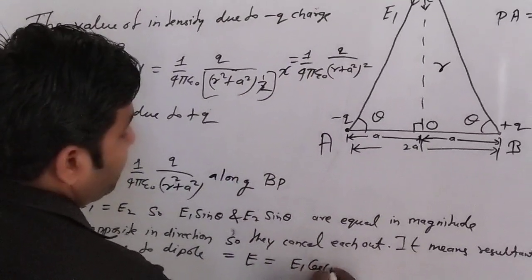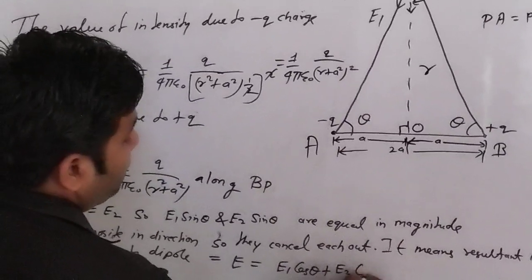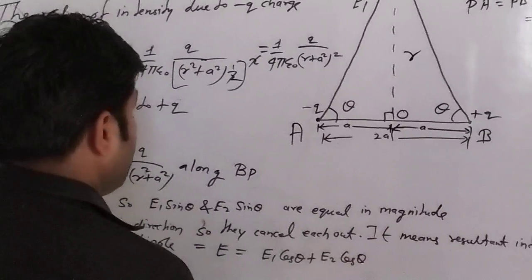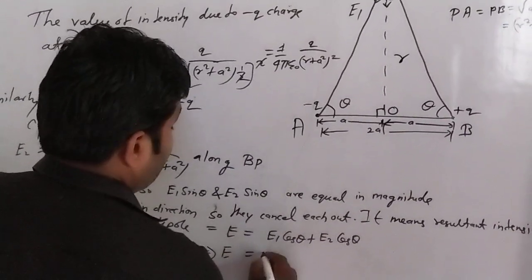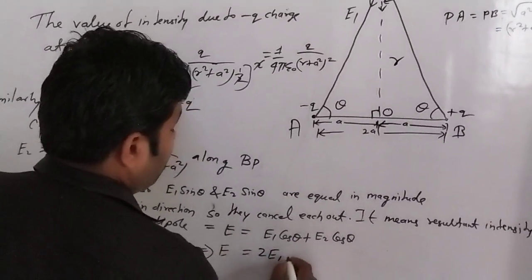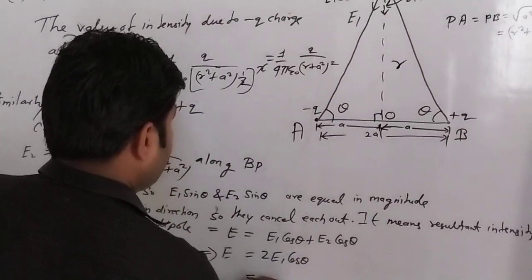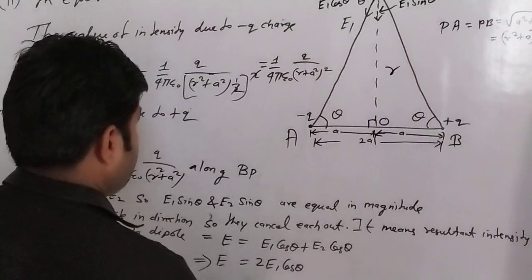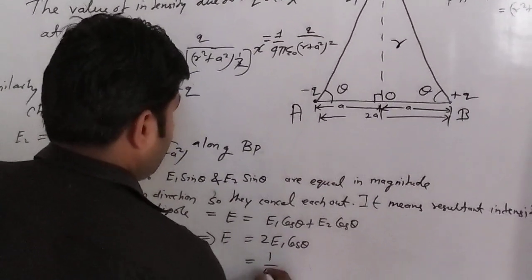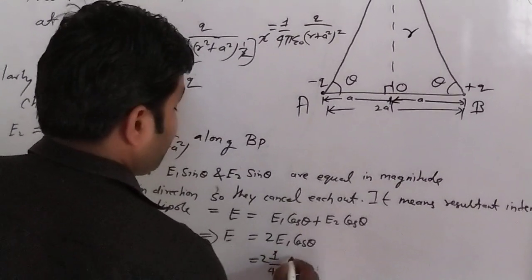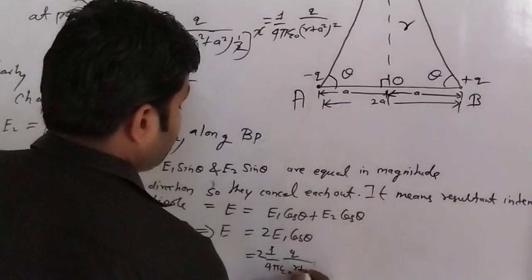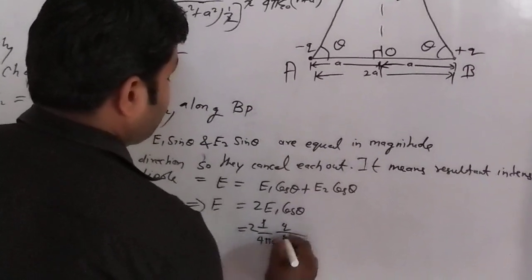E1 cos theta plus E2 cos theta, but E1 and E2 are the same, so E is equal to 2E1 cos theta, where E1 is 1 upon 4 pi epsilon naught, q upon r square plus a square.